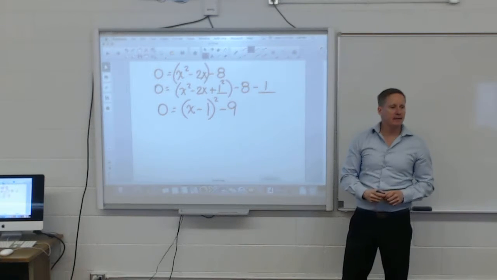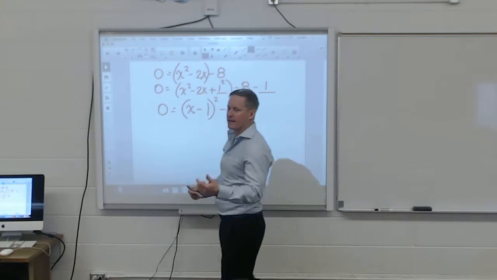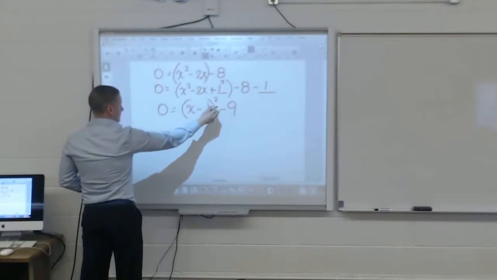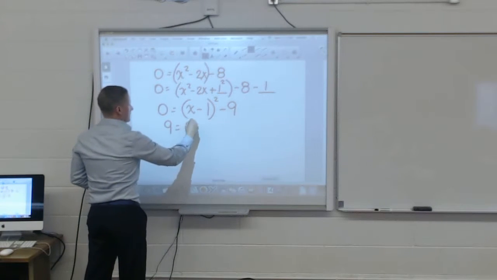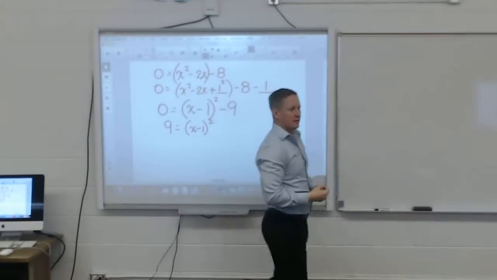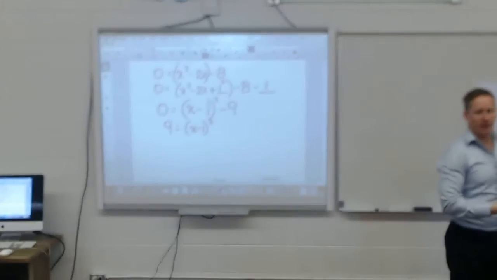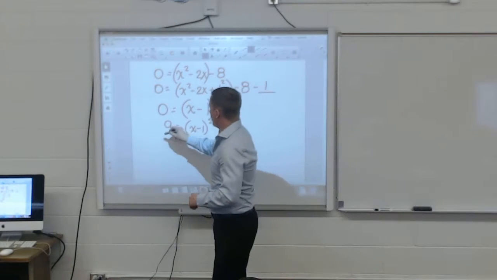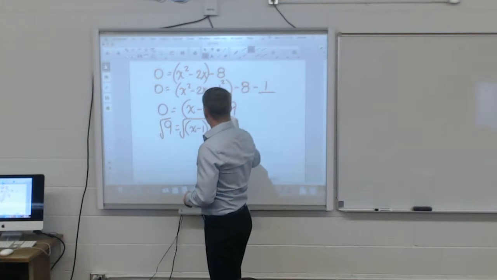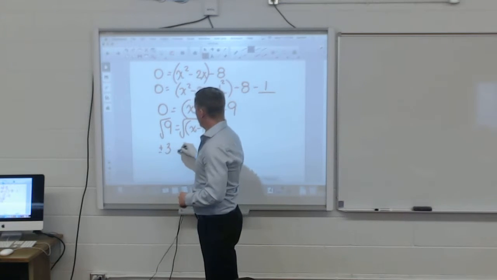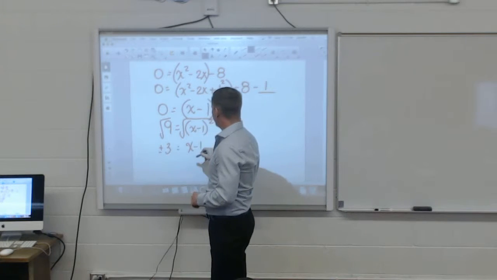Okay? But now, at this point, I can solve for my roots by solving for x here. So I need to get x minus 1 squared by itself. So how do I do that? Add 9. Exactly. So I get x minus 1 squared equals 9. Now I need to get rid of the squared value, so what do I do? Okay. What's the square root of 9? 3 or minus 3. So I have to use both.